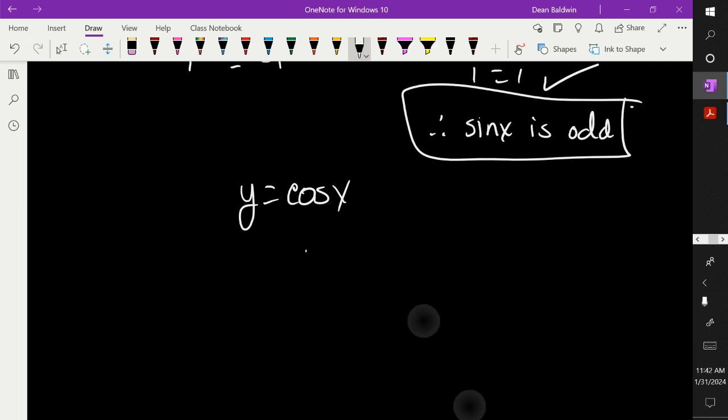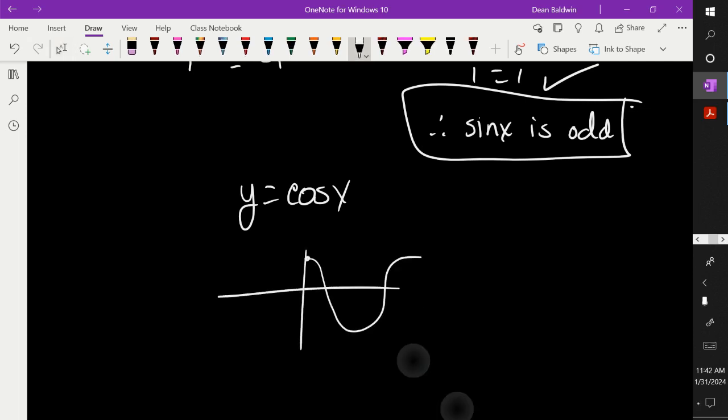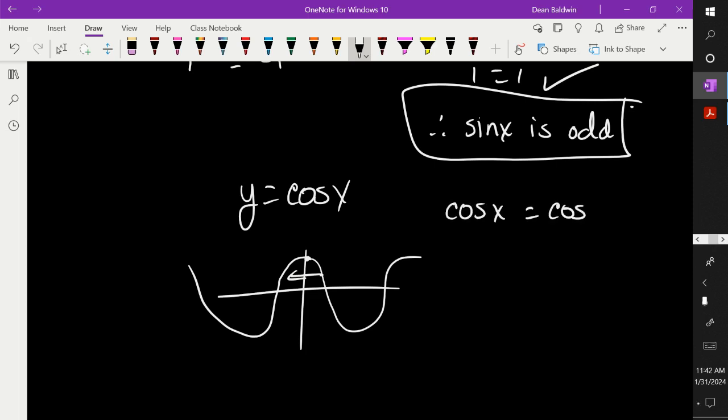It's even, right? Because the cosine graph looks like that, but you know that it actually goes in the opposite direction. So we're this way. And the definition of even is cos of x is equal to cos of negative x. And that negative x is a flip over the y-axis. If I take this part of the graph and I flip it, you're getting the exact same thing.